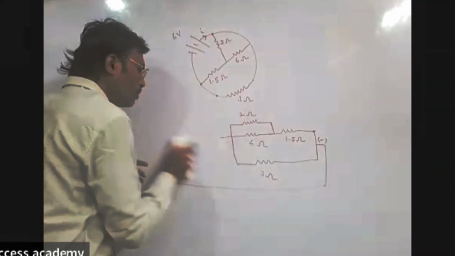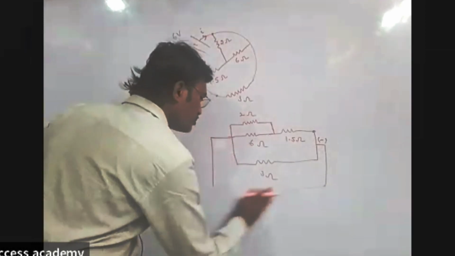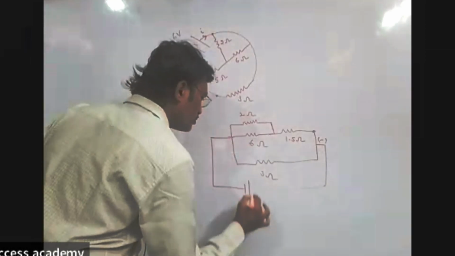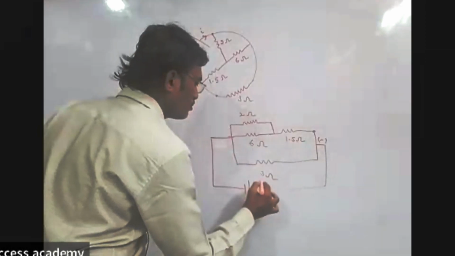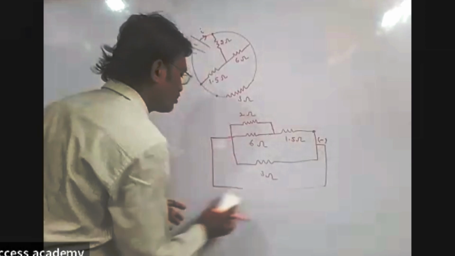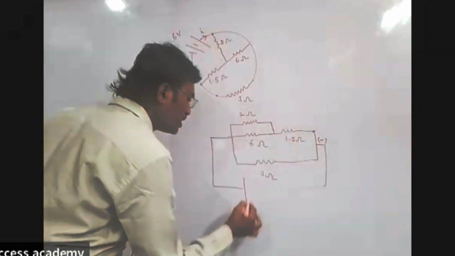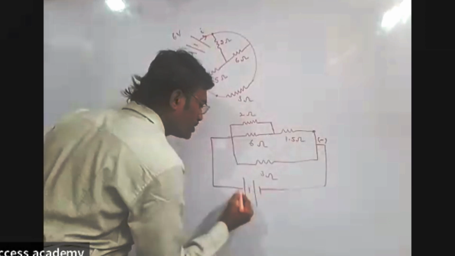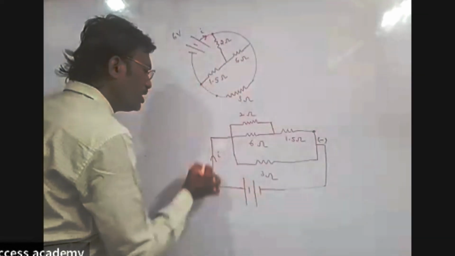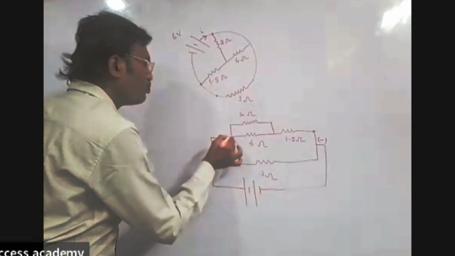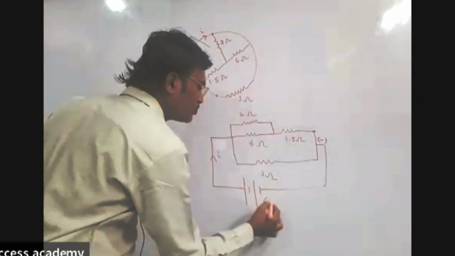There is no problem like this. The 2 ohm is connected to the positive terminal. So take positive, negative, positive. Now current moves from the positive terminal straight to the 2 ohm. This is the 6 volt.